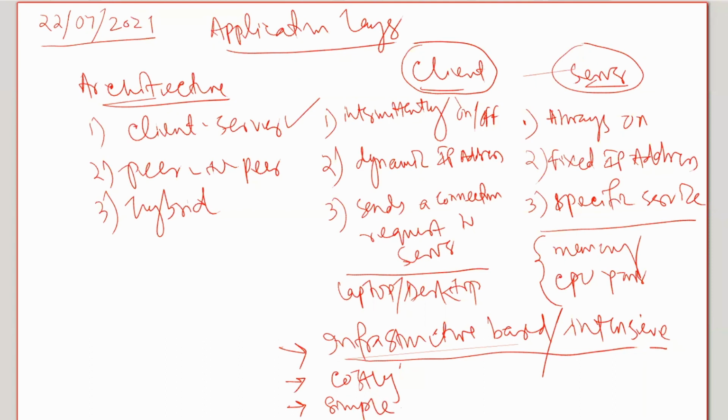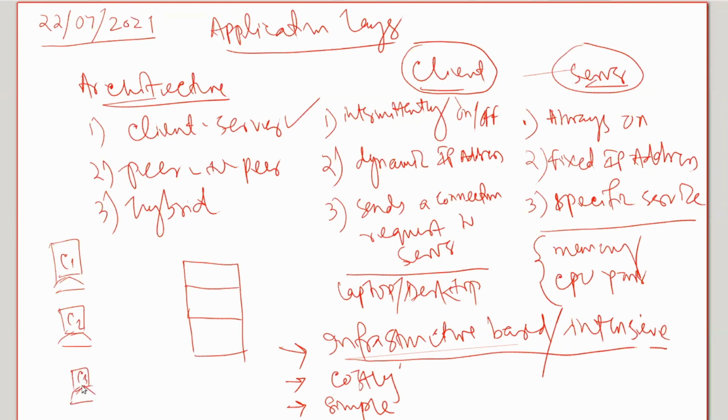Why am I saying client server architecture is simple? Because if I think of the communication, if this is my server, there may be multiple clients. This is client number 1, this is client number 2, this is client number 3.